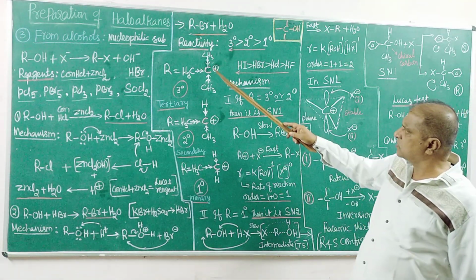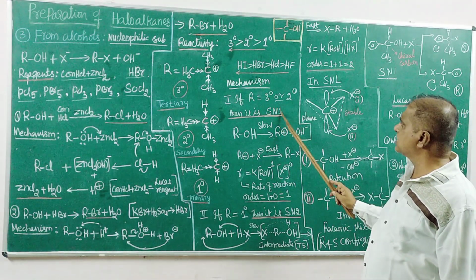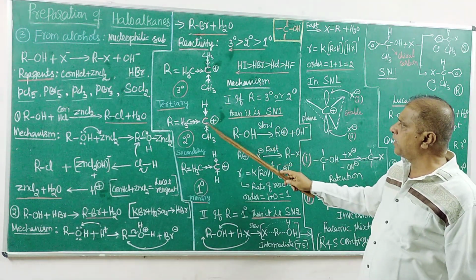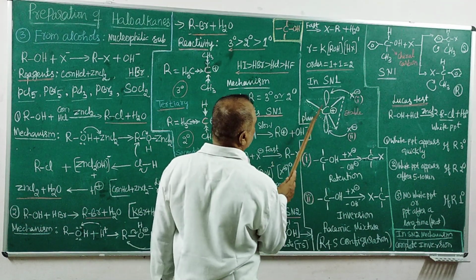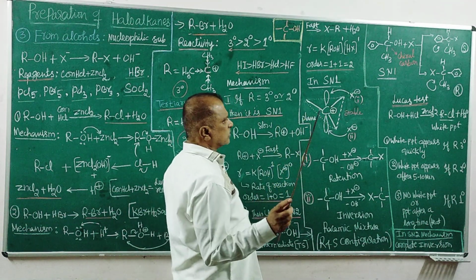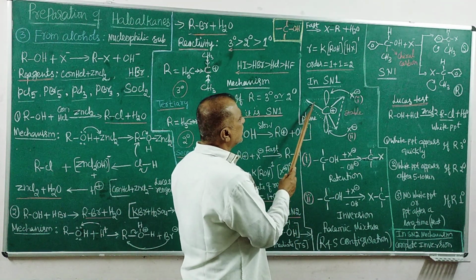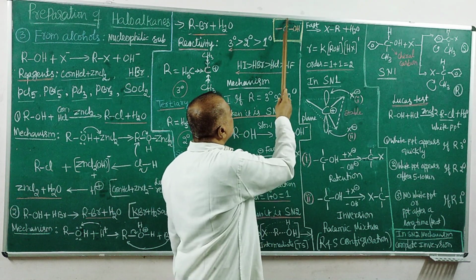In the SN1 mechanism, we get a carbocation, where the bond is completely broken. In the carbocation, 3 chemical bonds remain, and one chemical bond disappears, that is, it is broken and detached. So the other 3 groups remain with their 3 chemical bonds.